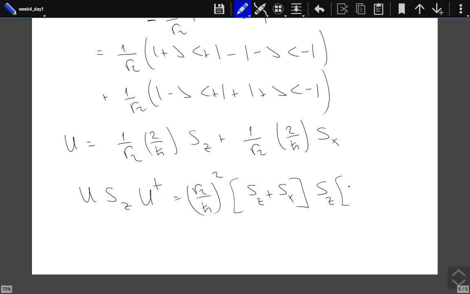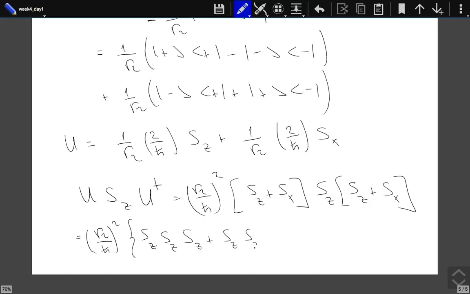Well, they are both Hermitian. Sz plus Sx. If I didn't make any mistake, at least. So let's calculate what this is. This is equal to square root of 2 over h bar squared. Well, let's see. Sz times Sz times Sz, plus Sz times Sz times Sx, plus Sx times Sz times Sz, plus Sx times Sz times Sx.